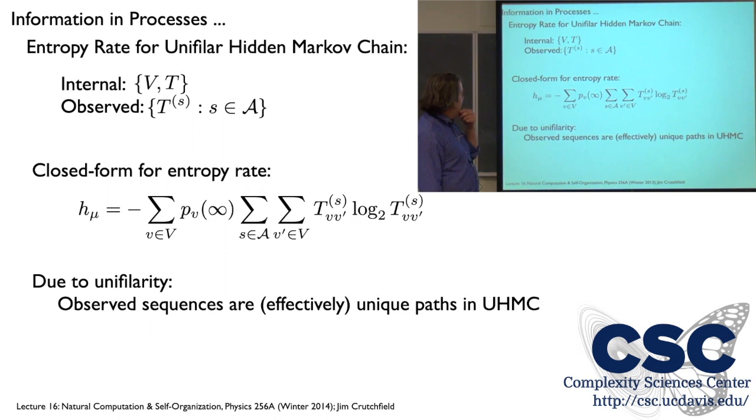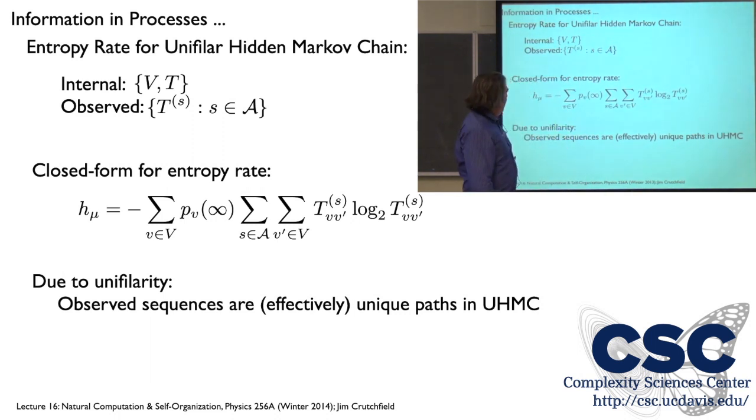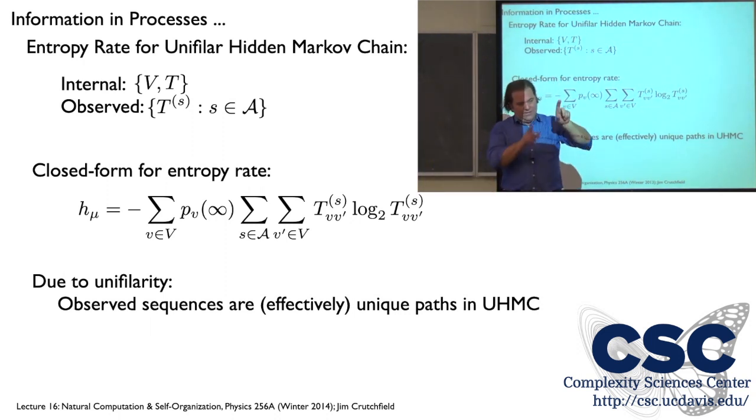So more interesting for us would be to think about hidden processes, so hidden Markov chains. In particular, and this is now going to help clarify why we focused on the unifilar hidden Markov chains. So remember, unifilar means that in each state, the symbol determines what the next state is.